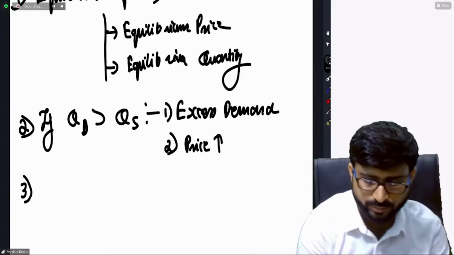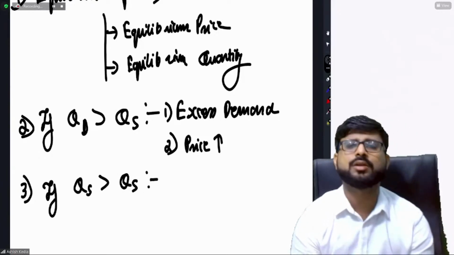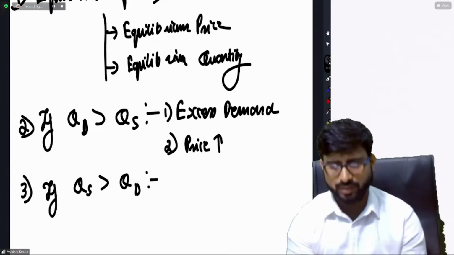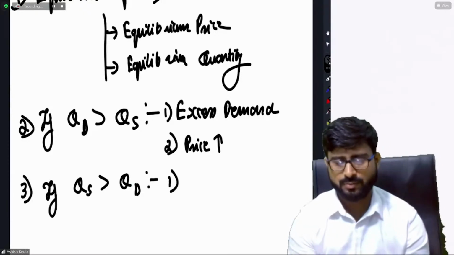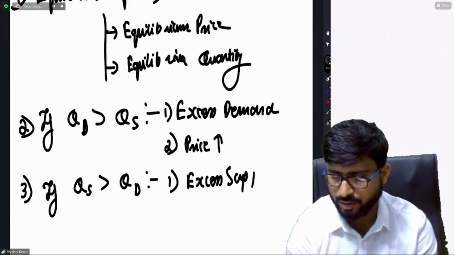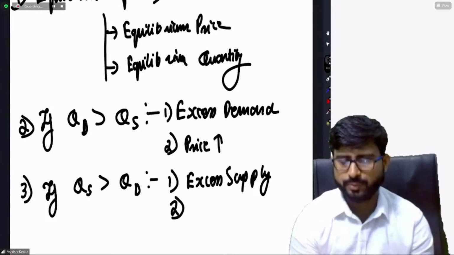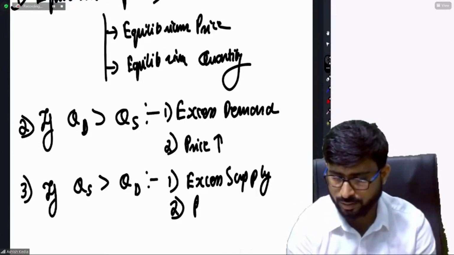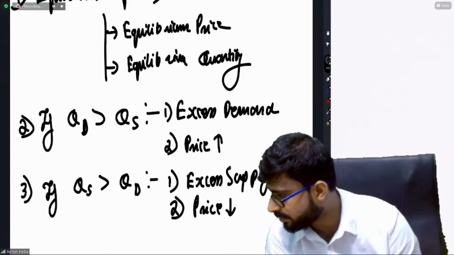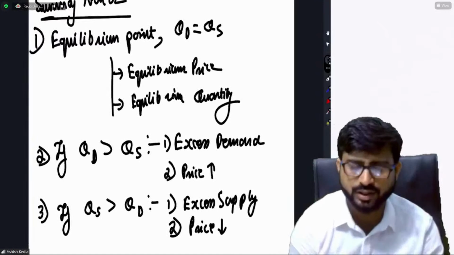Number three, if quantity supplied is greater than quantity demanded, then there will be excess supply. Whenever there is excess supply, price will fall. Write it down first, then I'll write the rest.